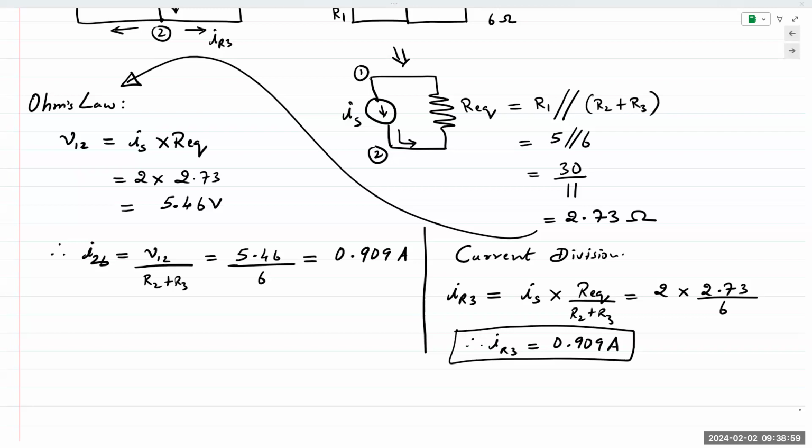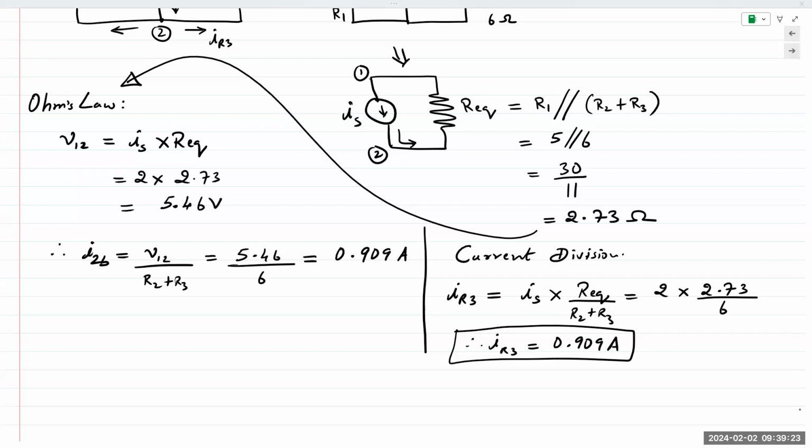So R2 and R3 are the total resistance in that branch, which is 6 ohms. I did not give a notation for that, so that's why I wrote it as R2 plus R3. But let's say I called it R4, then it's the same current flowing through both resistors. All right, any other questions?